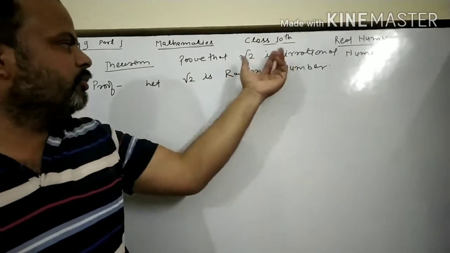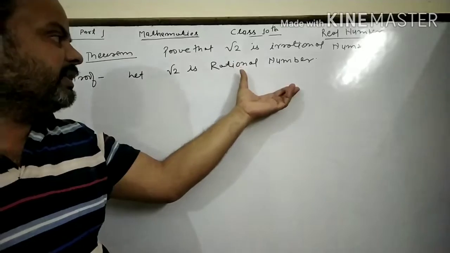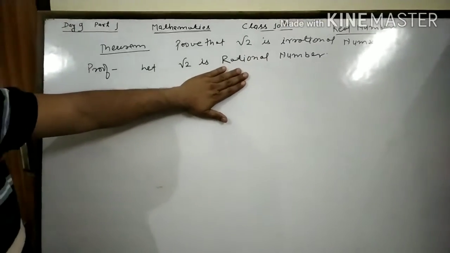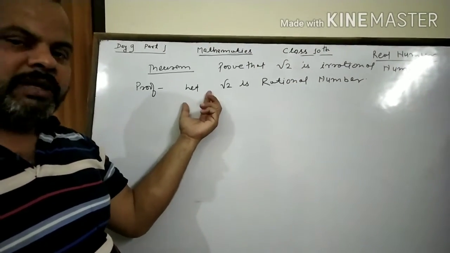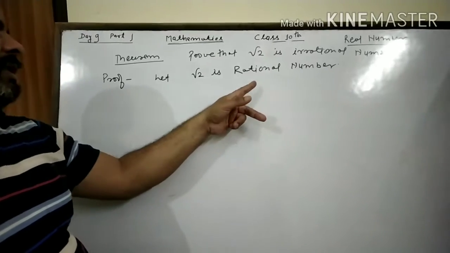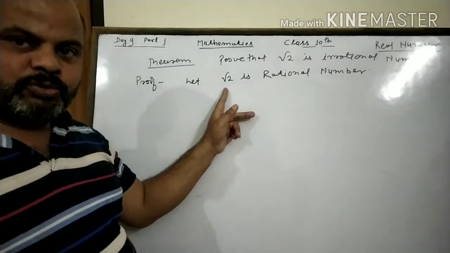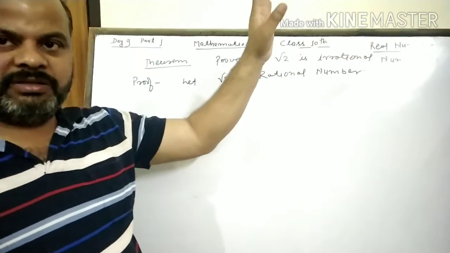We want to prove root 2 is irrational and we consider root 2 is rational. Here we can satisfy all the properties of the rational number with root 2. If all the properties of a rational number are opposite for root 2, then it will not be rational. That means it is irrational.